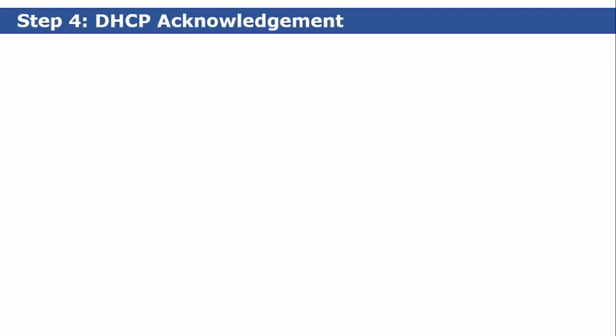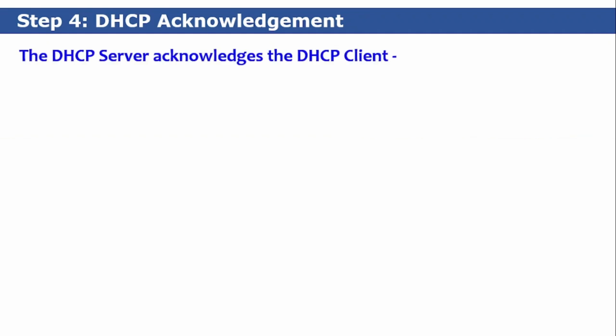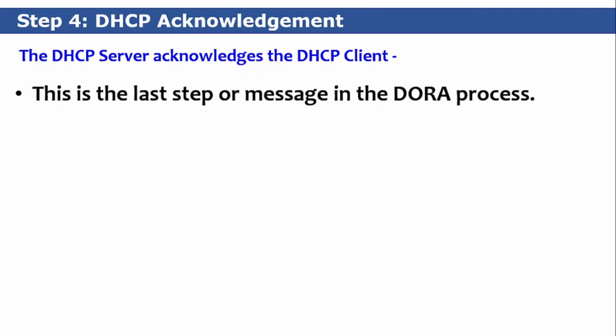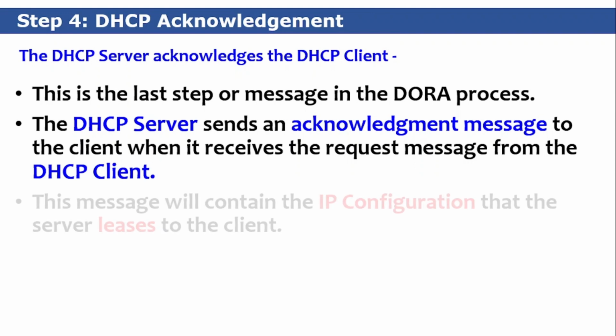Last but not the least, DHCP acknowledgement. So who acknowledges whom and how? The DHCP server acknowledges the DHCP client. This is the last step or last message in the DORA process. The DHCP server acknowledges the client when it receives the request from the DHCP client.